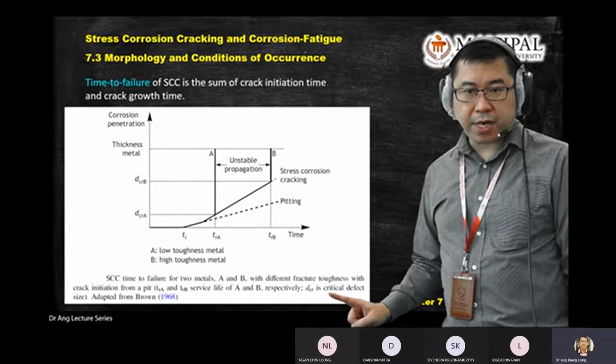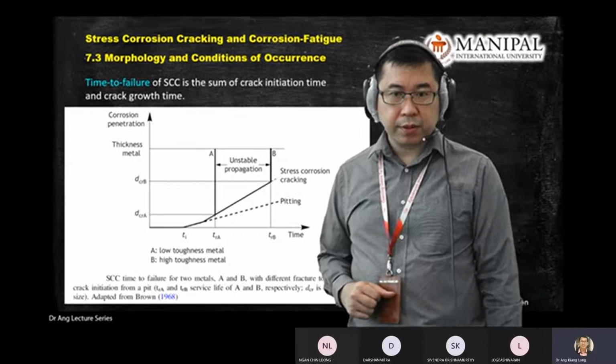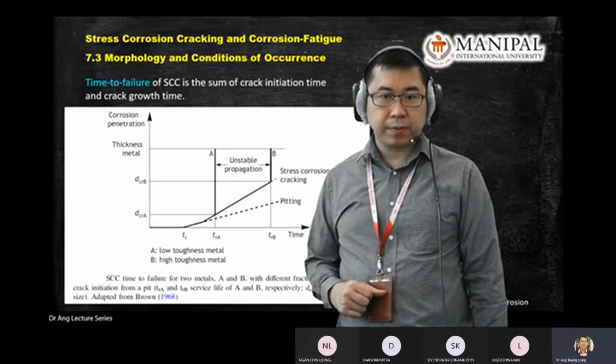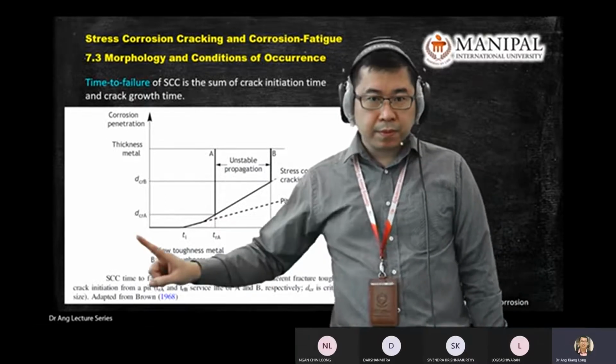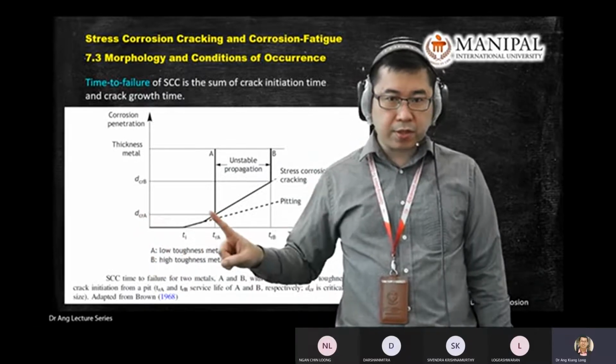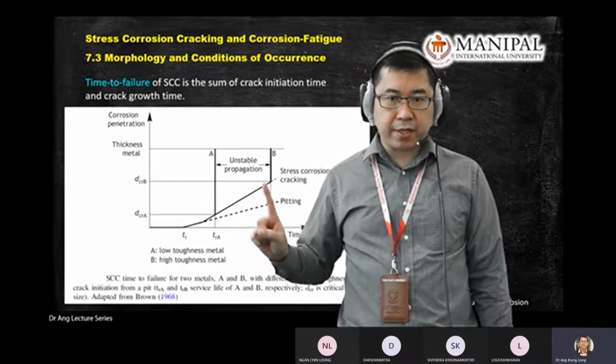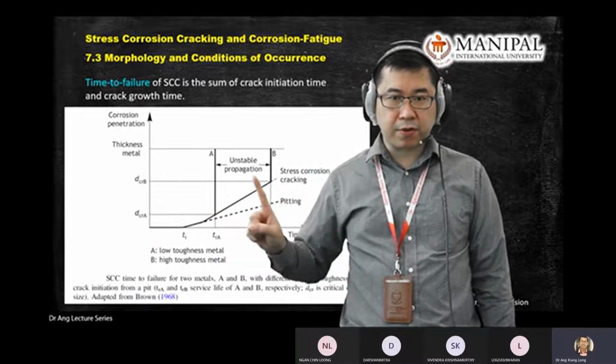D sub CR. Okay, so here is the critical thickness for material A. This is the critical thickness for B.